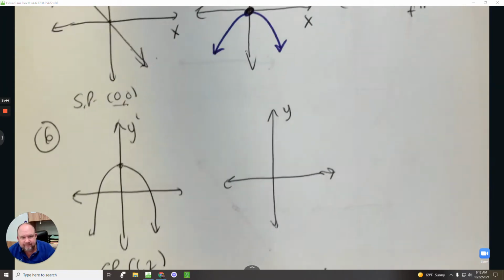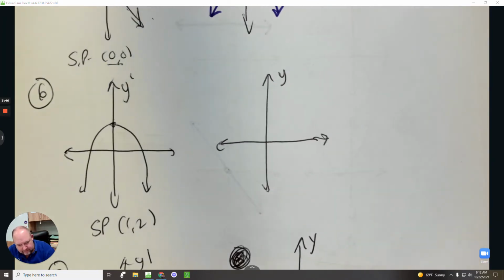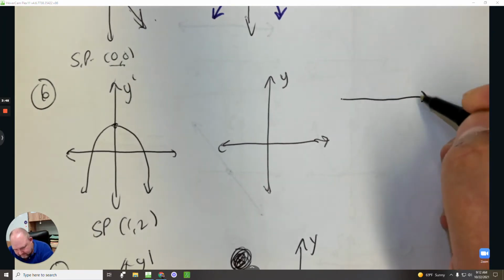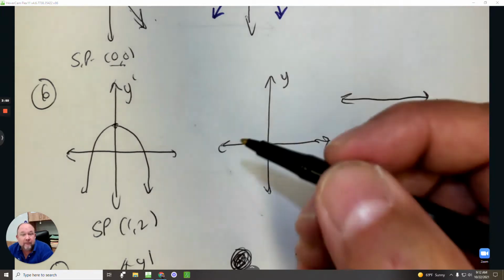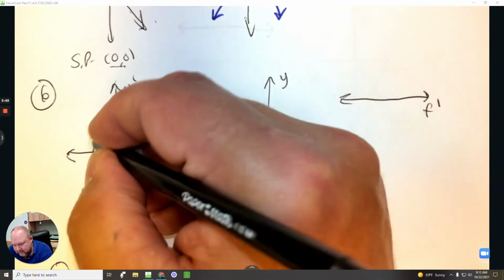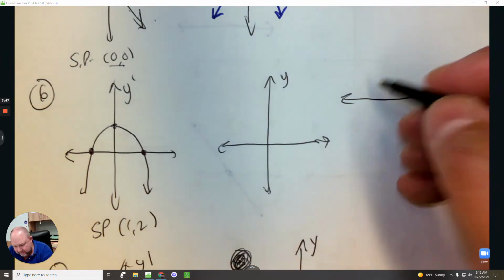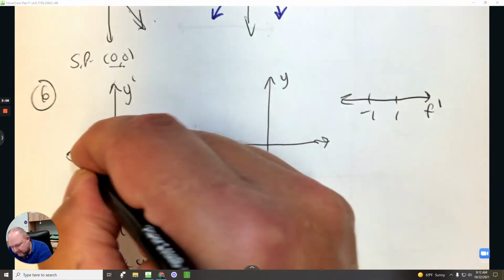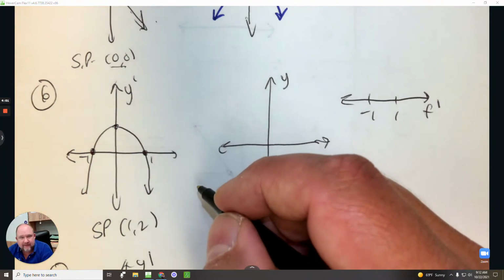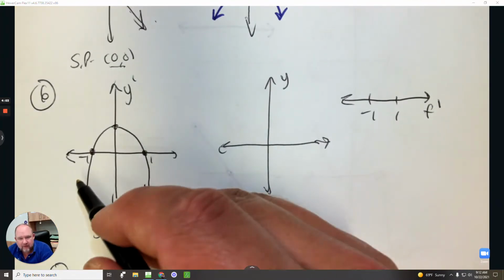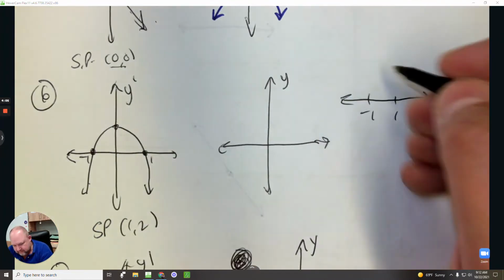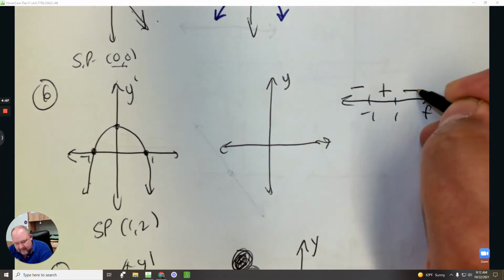Number 6. I'm going to draw a number line. For the first derivative, what am I looking for? Where is the derivative 0? For number 6, that's at negative 1 and positive 1. And then I'm looking for above and below. So it's below, and then above, and then below.